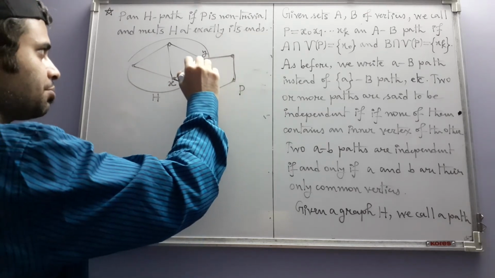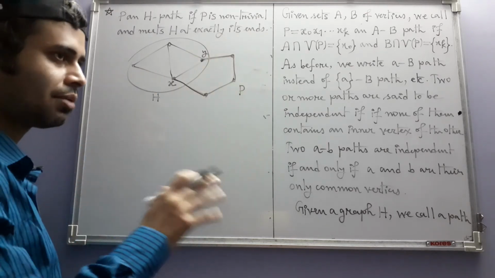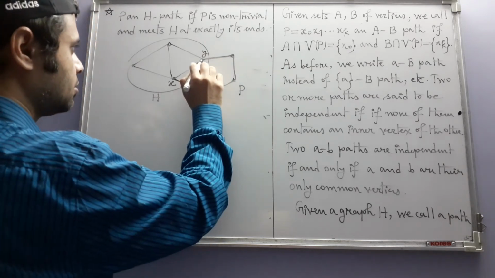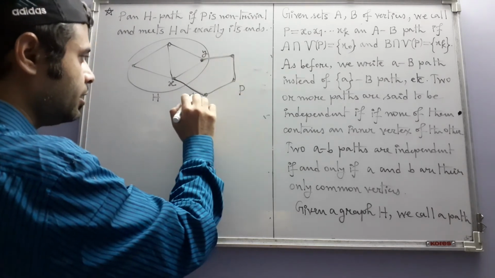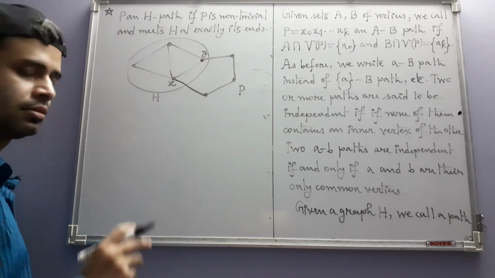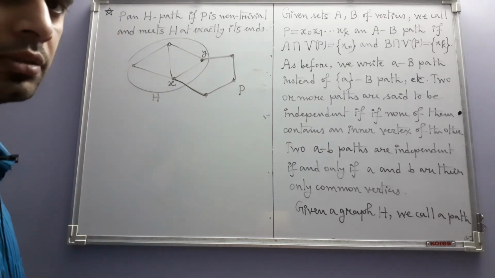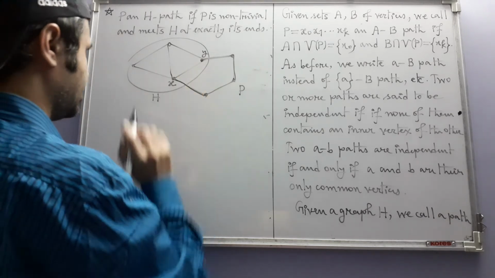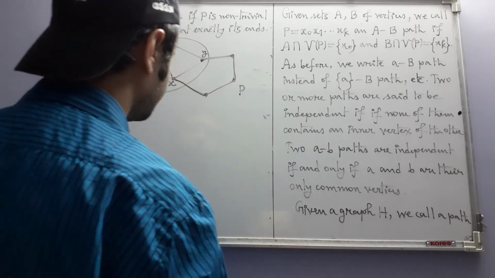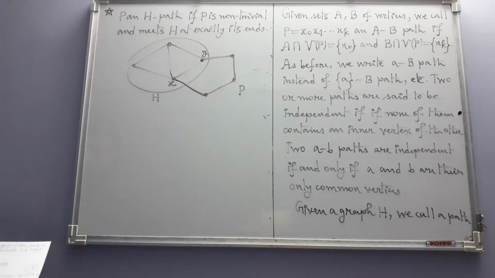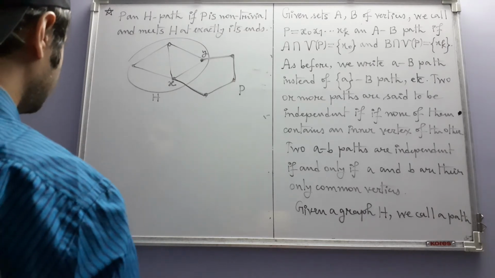That is, an H path starts somewhere in H, then it goes outside H and then again comes back somewhere in H. So that is an H path. And in particular, the edge of any H path of length 1.